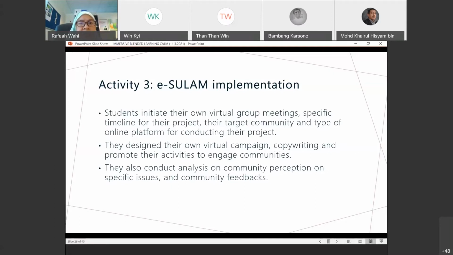Okay. So they design their own campaign, they make their own copywriting, and I was impressed with them. They have a good level of copywriting skills, and they promote the activities to engage communities.